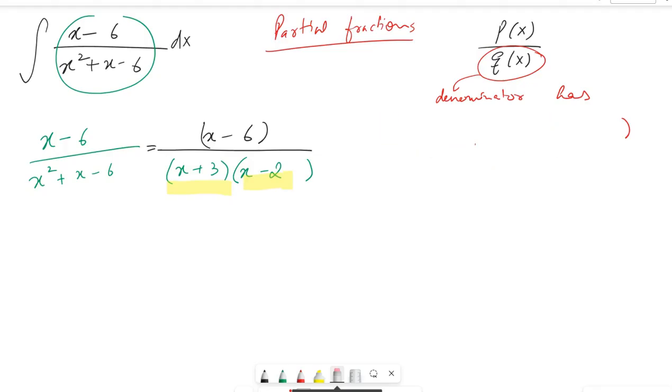How we proceed to make it partial fractions is we write it in the format of a by the first factor plus b by the second factor.